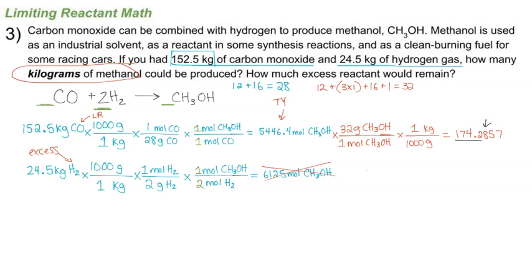So I'm going to round this to approximately 174.3 kilograms of CH3OH, methanol. So there is our theoretical yield in the desired unit. I'll box that part in.